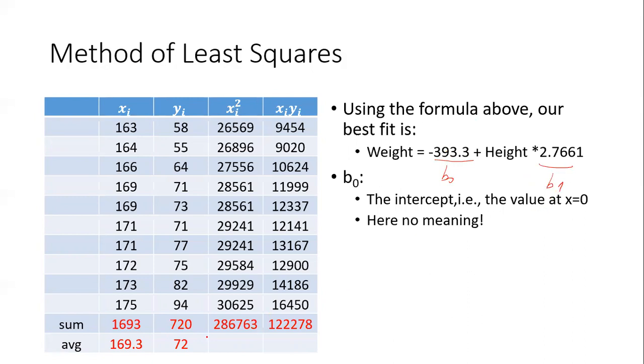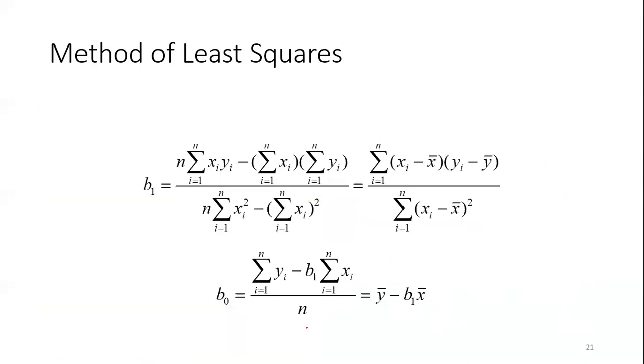So just look at here, right? So this is x bar, this is y bar. This is the sum of xi squared. This is xi times yi, right? So why do we need them? Okay, just look at here.